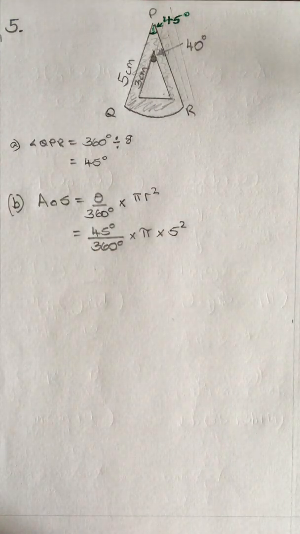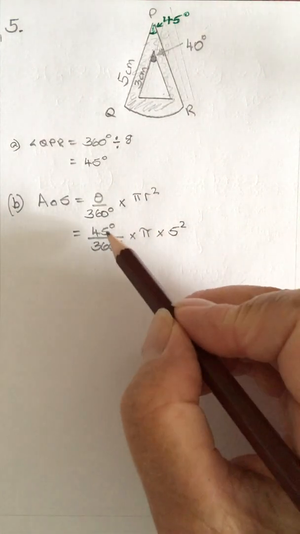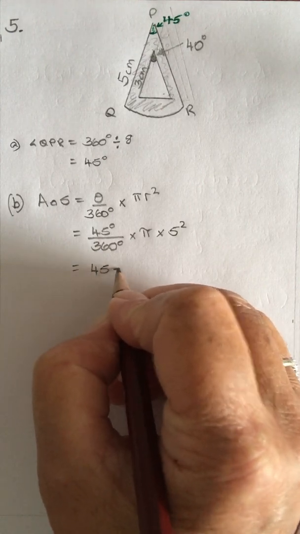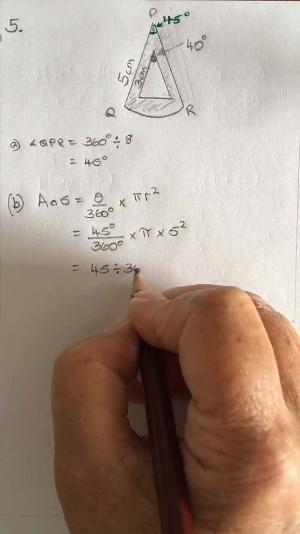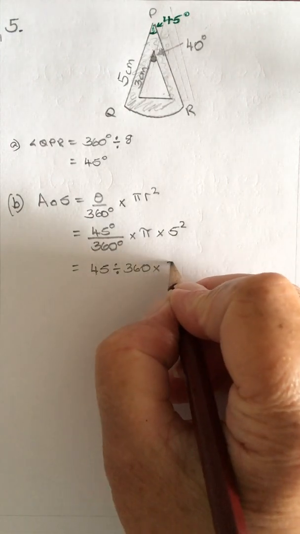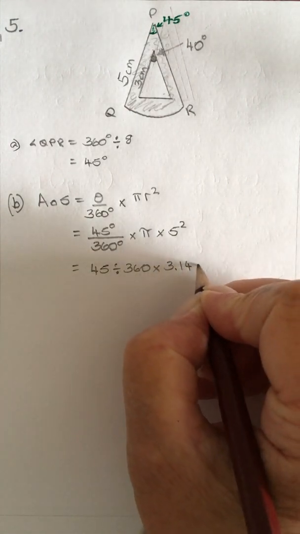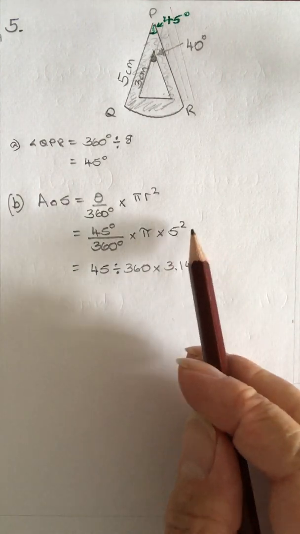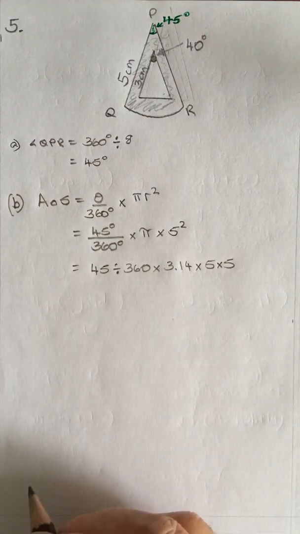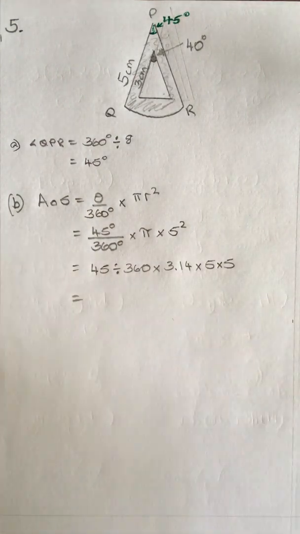So if you're putting that into your calculator it might do the fraction. If it doesn't do the fraction, you would do 45 divided by 360 times either the pi button, or I'll say 3.14 for this example, times 5 squared, which is just 5 times 5, or the 5 squared button on your calculator.